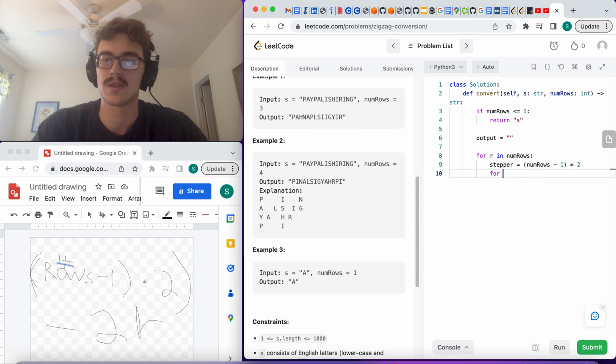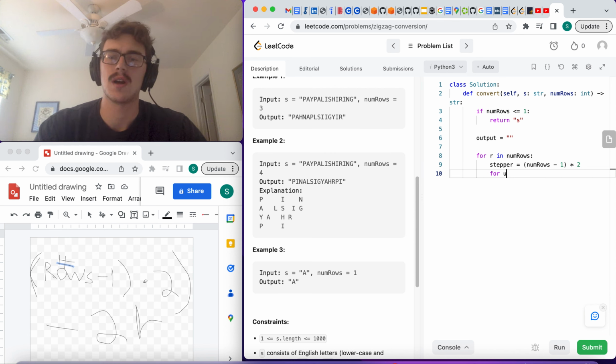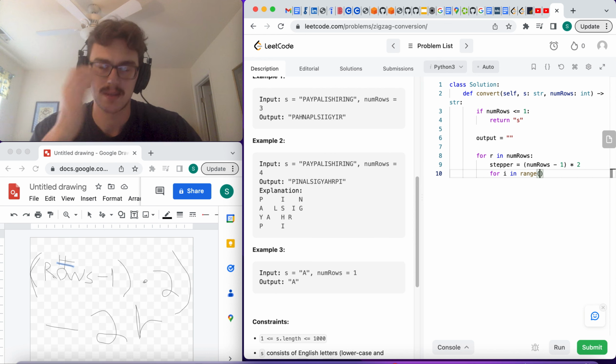Okay. Now we have to increment through the actual characters. So for C in S, well, no. For I, for I in length. Well, no, yeah, because we're doing like a range thing. So range has 3 inputs.